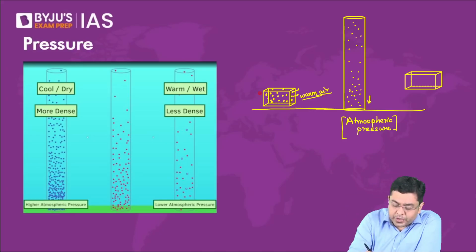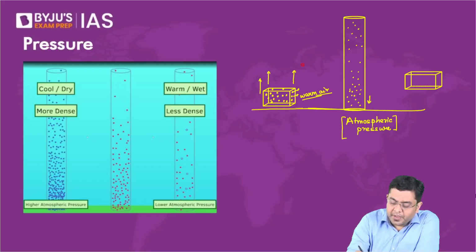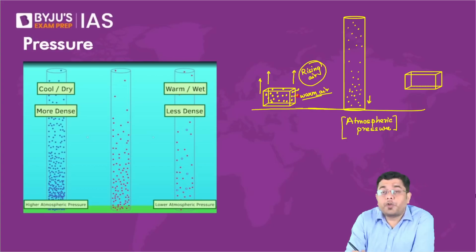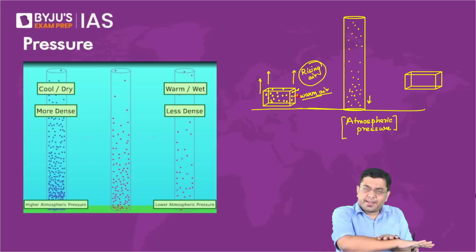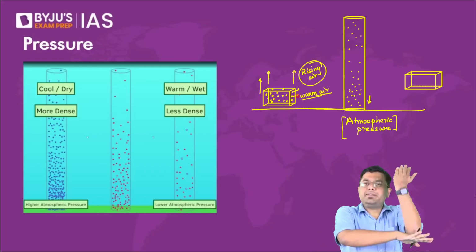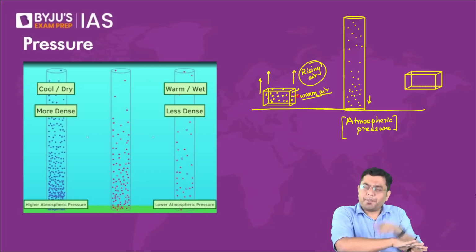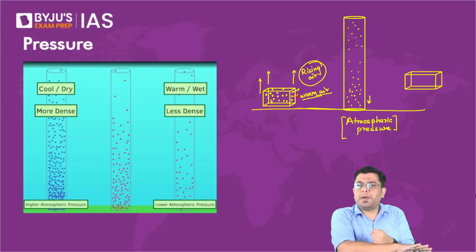So this starts to rise up, isn't it? Rising air. Now, what will be the impact on pressure? Suppose this is the ground, and from this the air is rising up. What will be the pressure? Pressure is the total weight imposed by the air column.